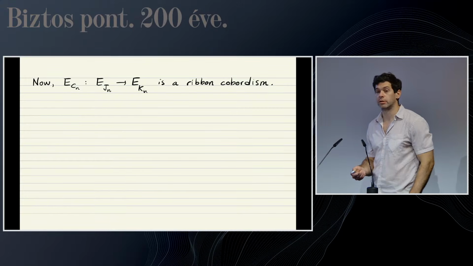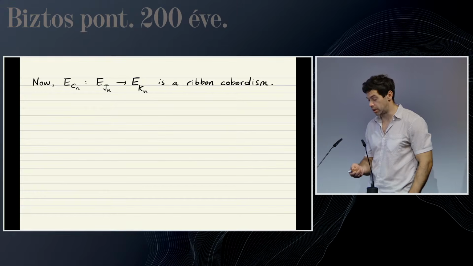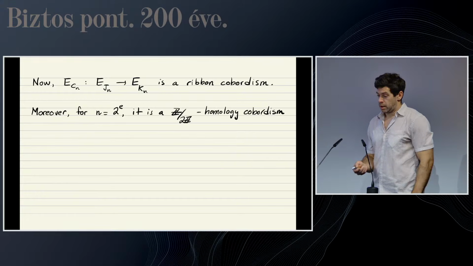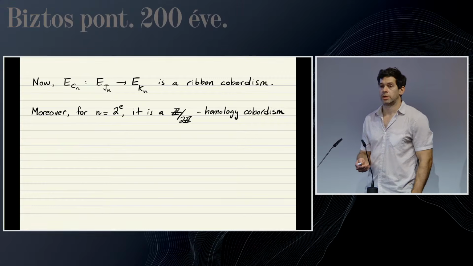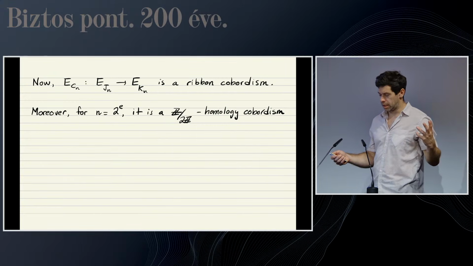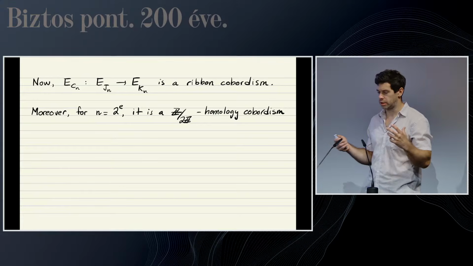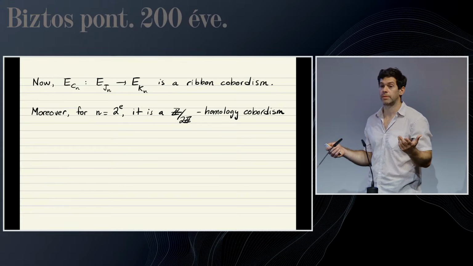So this is a ribbon cobordism in the sense that I described earlier. And if n is a power of 2, it's actually a Z2 homology cobordism. So this just means that the inclusion-induced maps on homology with Z2 coefficients from the two ends are isomorphisms. Okay, so this is sort of a technical condition.